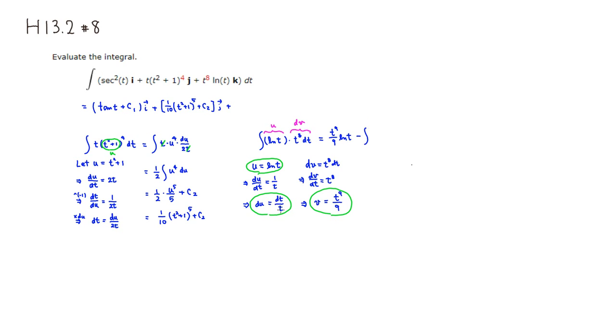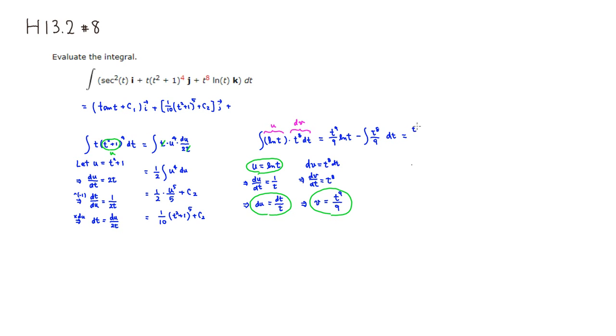Then you have dt, and over t, so it's going to be t to the 8th power, one of them cancels out, over 9.